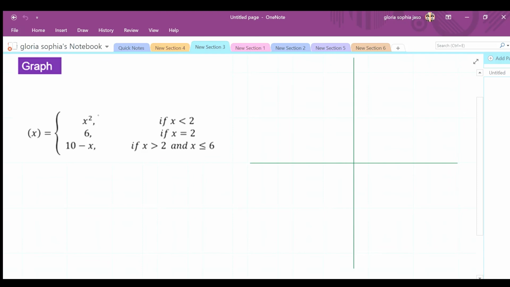So, anong klase ng graph ba si x squared? So, kanina, sabi natin, pag second degree, that is a parabola. Okay? And then, 6 is a constant function. So, that is a line. And then, this one, first degree si x. So, that is also a line.